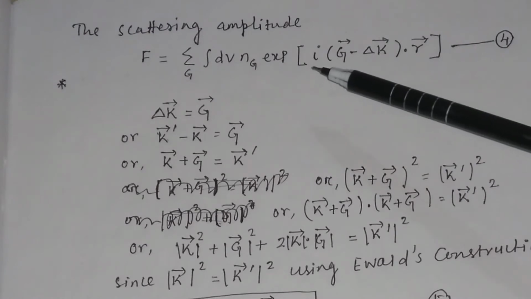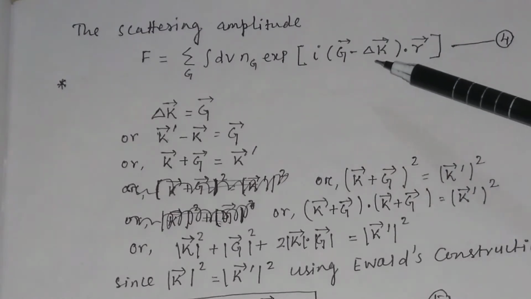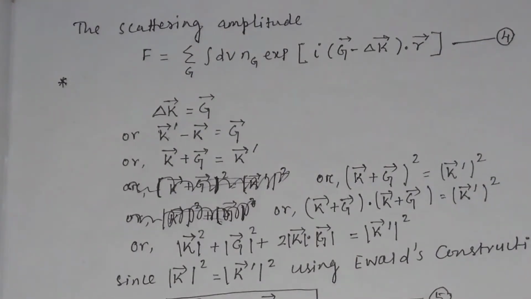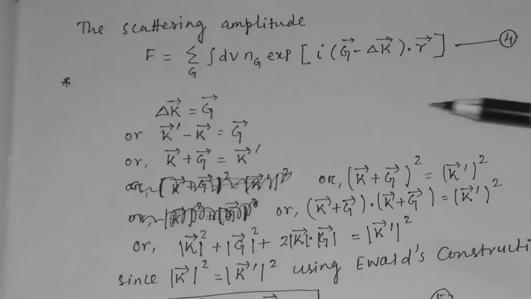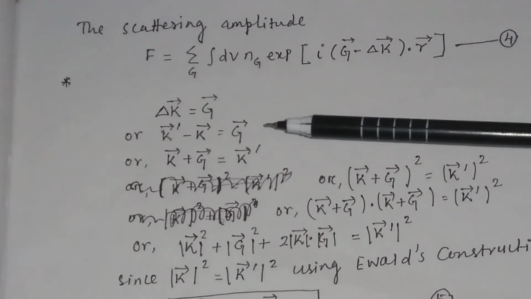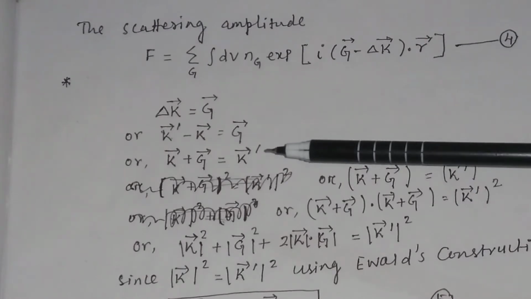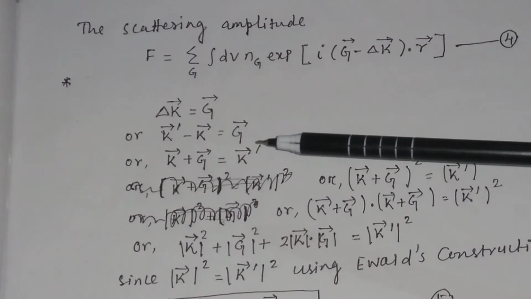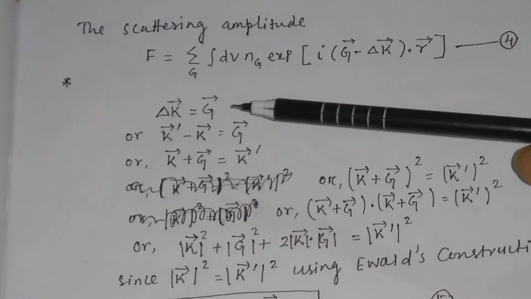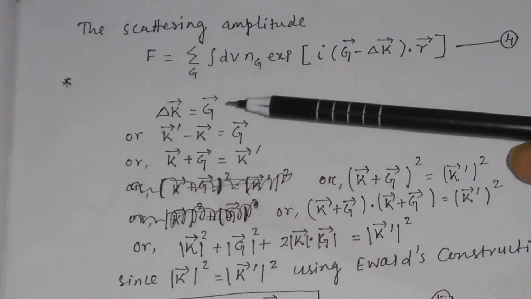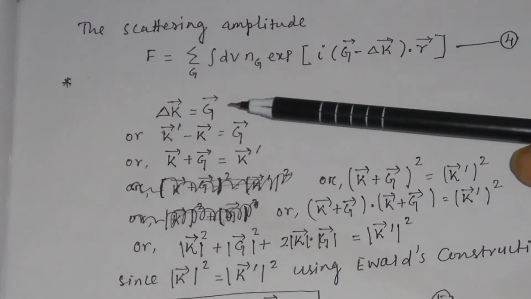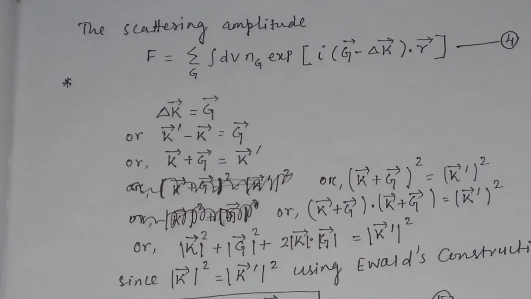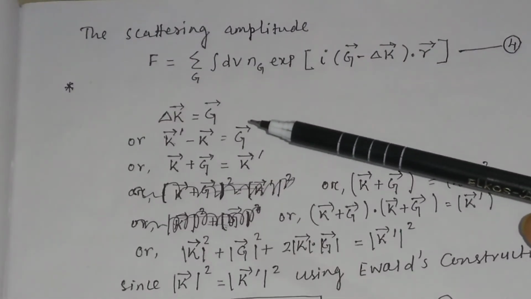So in this scattering amplitude, suppose you take delta k is equal to G. Remember, in Bragg scattering from a periodic lattice, any allowed delta k must equal the reciprocal lattice vector G. Remember, in Bragg scattering you take delta k is equal to G, where G is the reciprocal lattice vector.